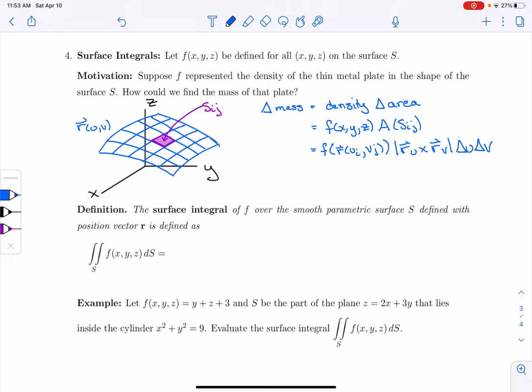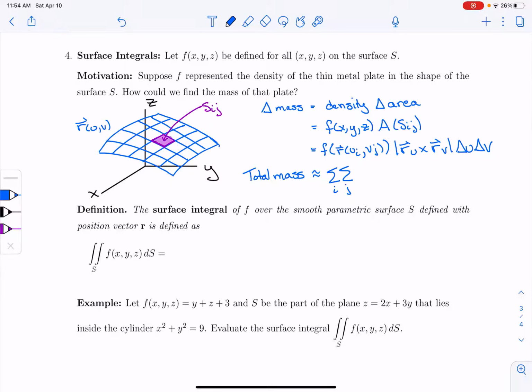And so the total mass is going to be approximately a double sum over all of the little bits of mass.